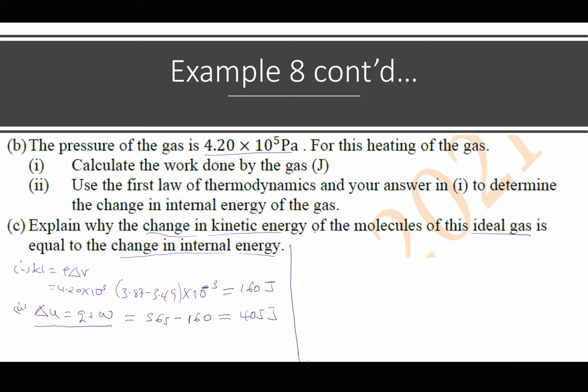Later on we shall see the ideal gas in detail, and we shall see that for an ideal gas, the molecules are infinitely far from each other, so the potential energy due to the forces of attraction between the molecules is negligible. Therefore, for an ideal gas, the change in internal energy, delta U, is simply equal to the sum. We know that internal energy is the sum of the kinetic energy and the potential energy of all the molecules which make up the system. But for an ideal gas, there are no intermolecular forces.